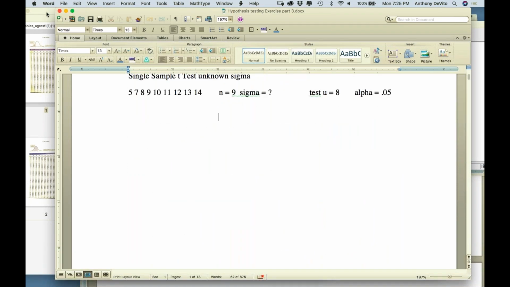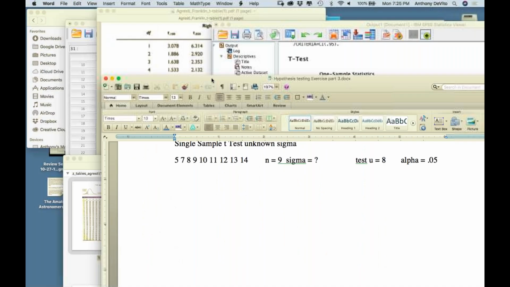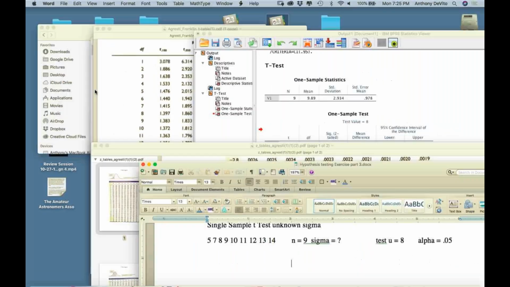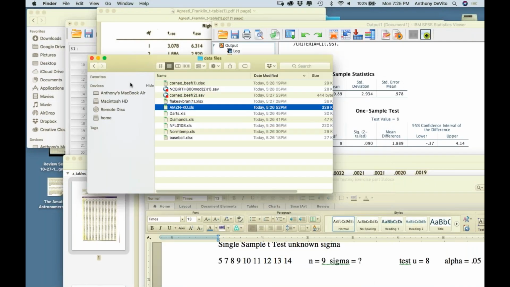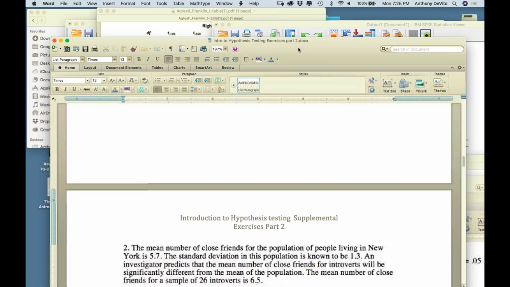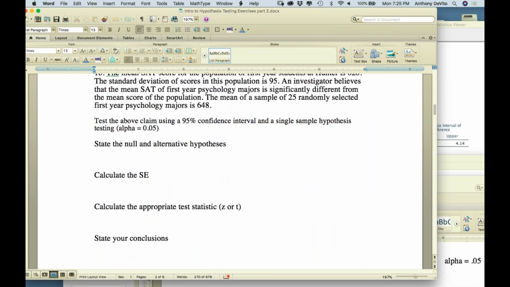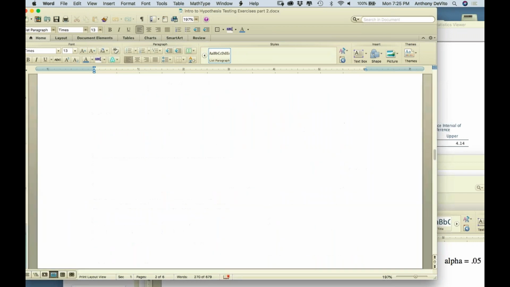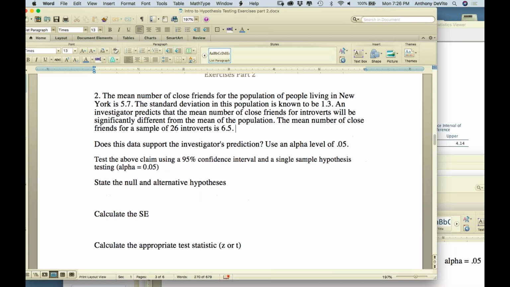Here's my folder. Okay, we'll do this one, it actually comes up twice.